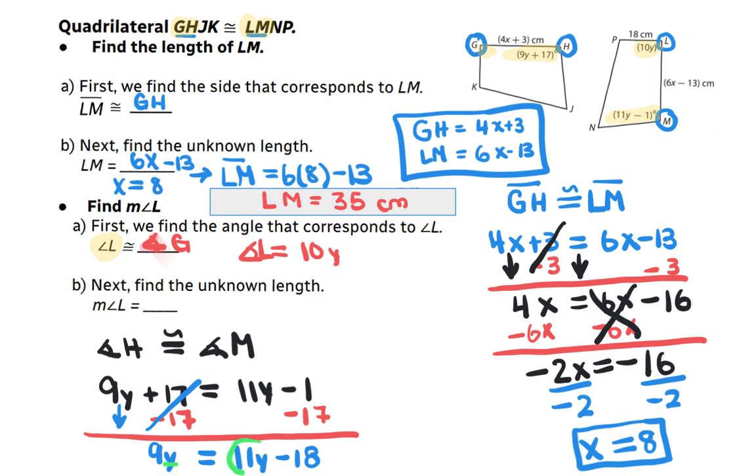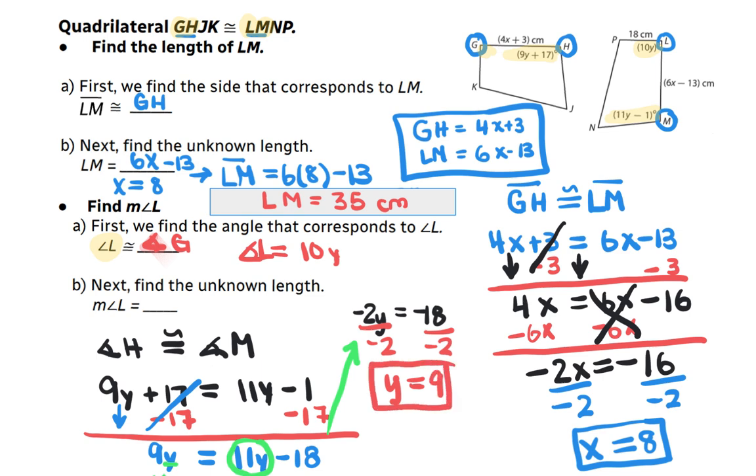So we're going to move this 11y by saying minus 11y on both sides of the equal sign. So I'm going to continue working up here. My 9y minus 11y is a minus 2y, which is equal to minus 18. We divide by negative 2. So we find that y is equal to 9.